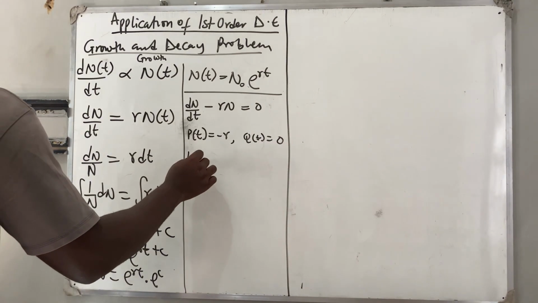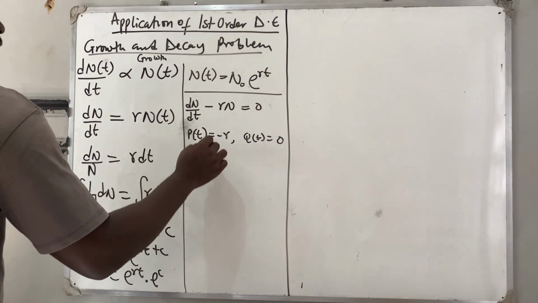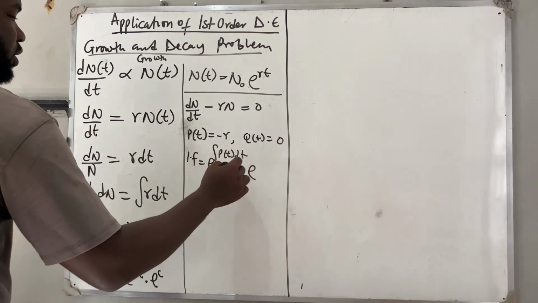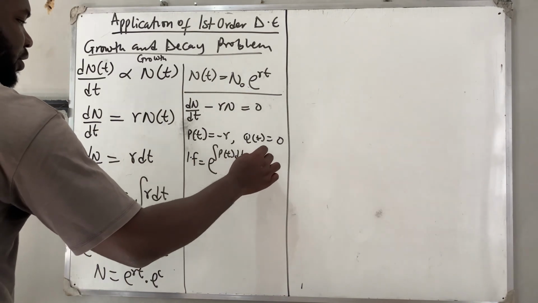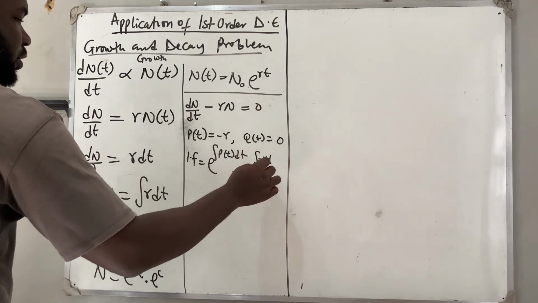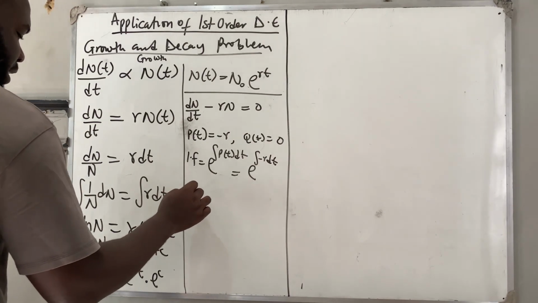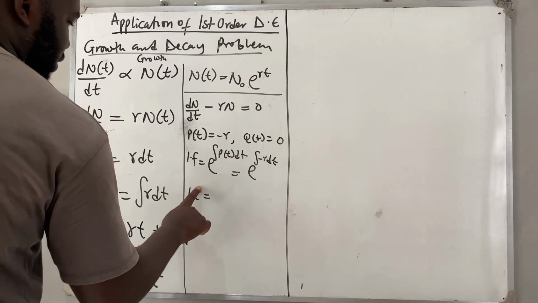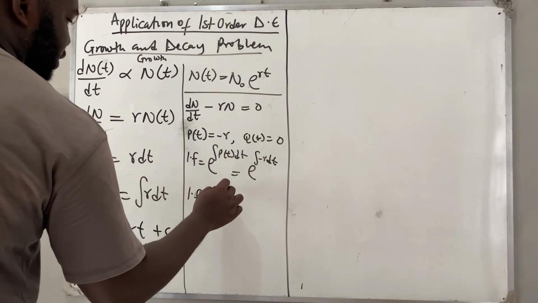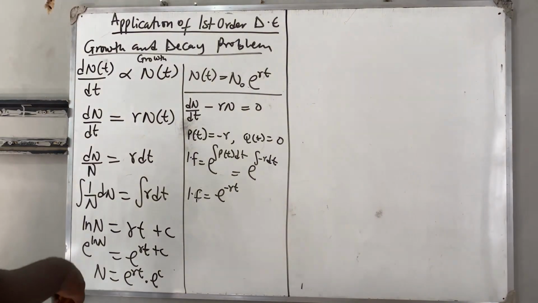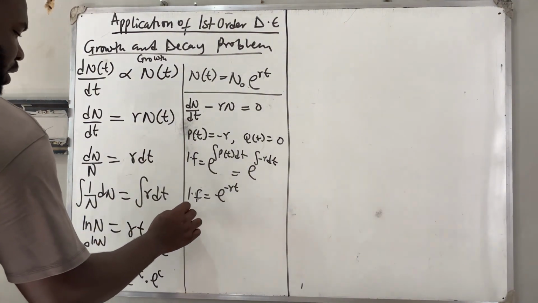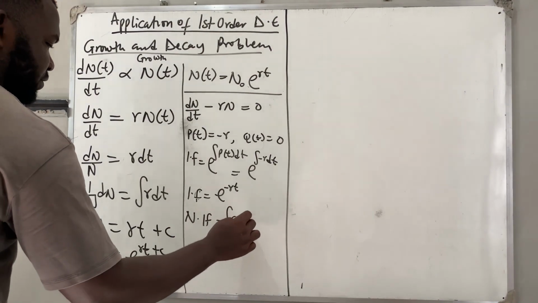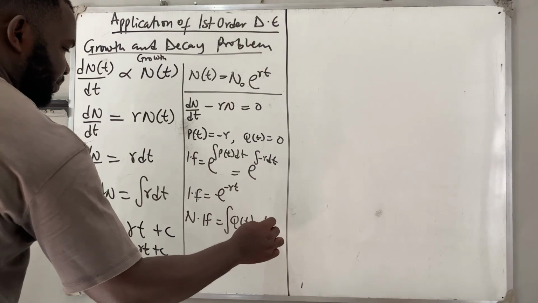To get our integrating factor, we have exponential of the integral of p of t dt, which is the exponential of the integral of minus r dt. So the integrating factor is exponential minus rt. Don't forget that our solution becomes N multiplied by the integrating factor is equal to the integral of q of t multiplied by the integrating factor dt.